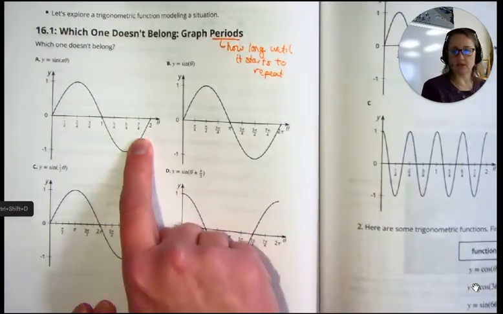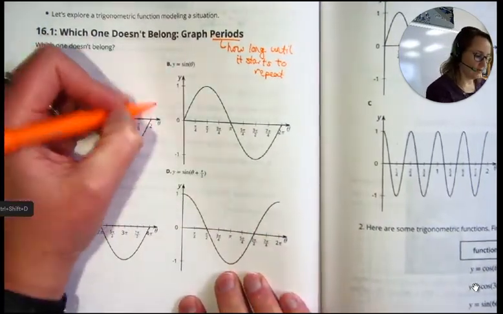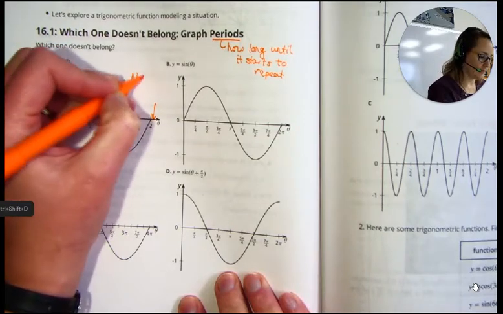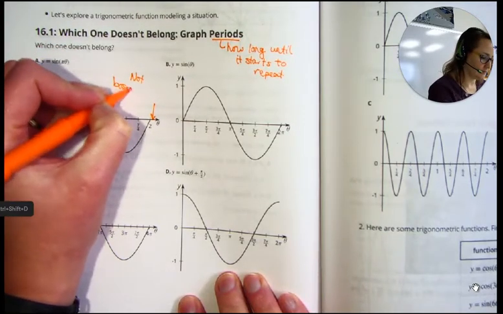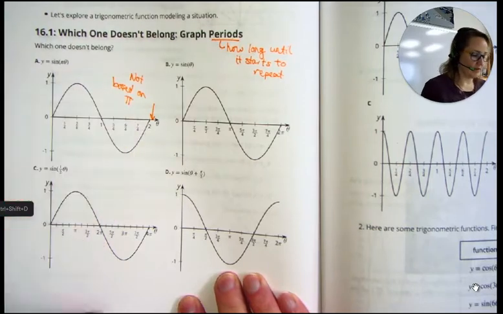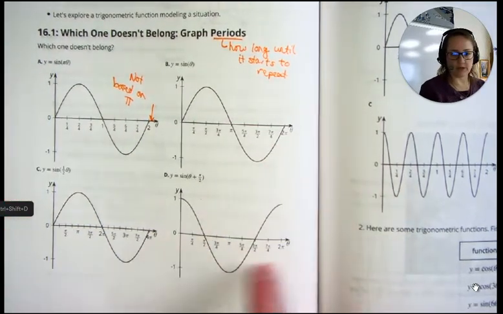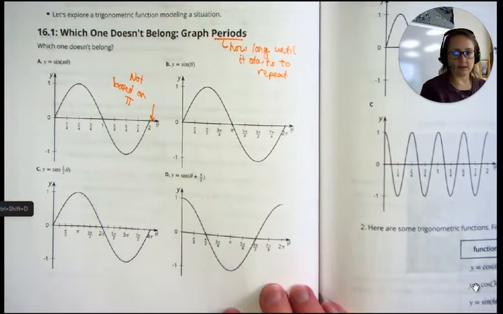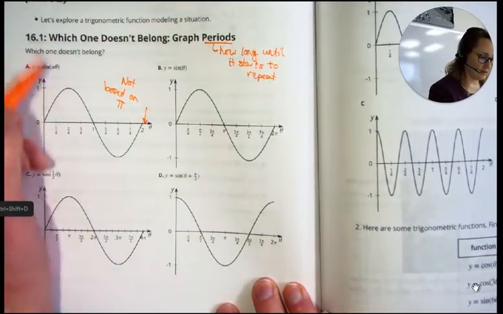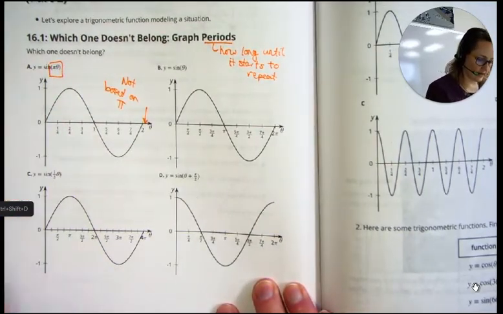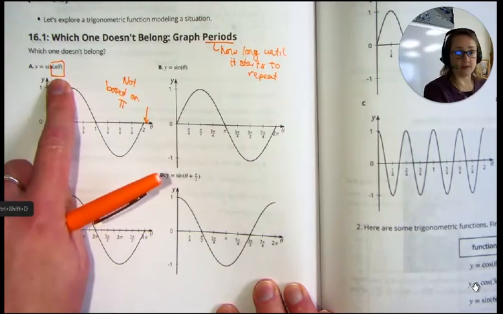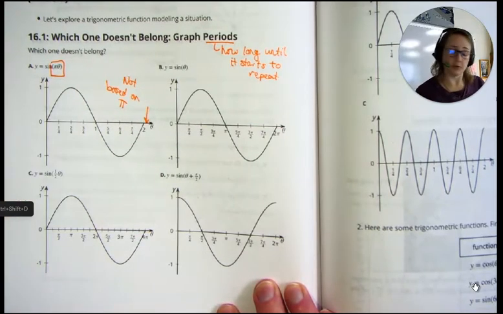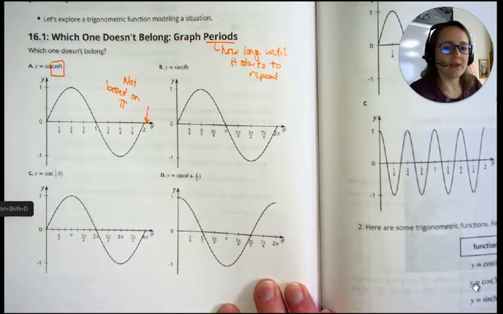So I might say that this first one, I notice, it's the only one not based on pi. Everything else has like a 2 pi and a 4 pi and a 2 pi. And it's interesting because this is the only one that has pi in the equation. So sometimes we want to look at the equation too to see what that might be using.